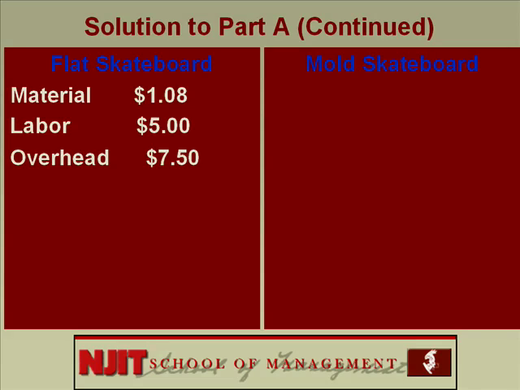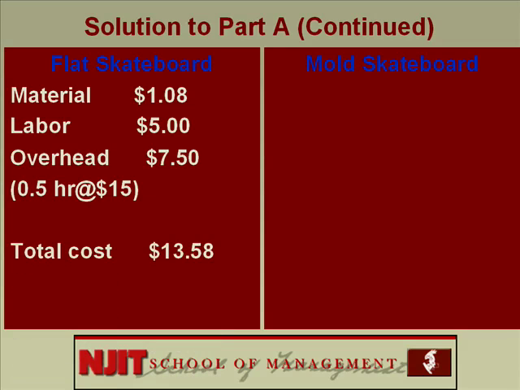Why is that? Because it takes half an hour to make a skateboard, and we decided to charge $15 per hour. So the total cost is $13.58. The selling price is $15. So the profit is $1.42 per skateboard.